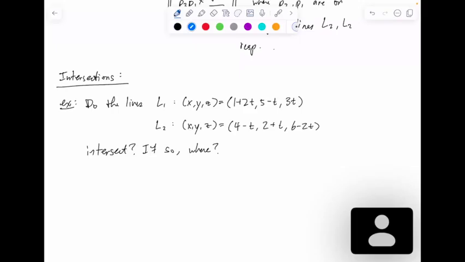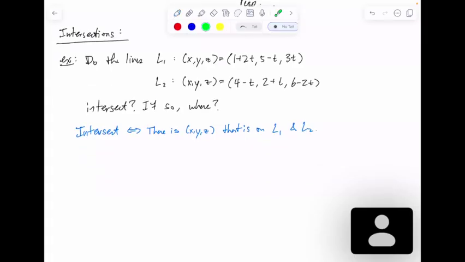Well, they intersect if there is a point x, y, z that is on L1 and L2 both. So let's look at the x equations. On the one hand, you need to have some time where x is equal to 1 plus 2t to be on L1. And what should I set on the right-hand side here? 1 plus 2t must be what?